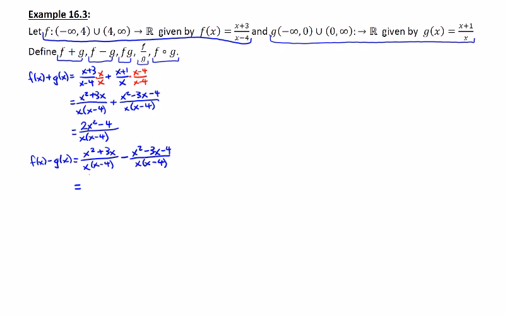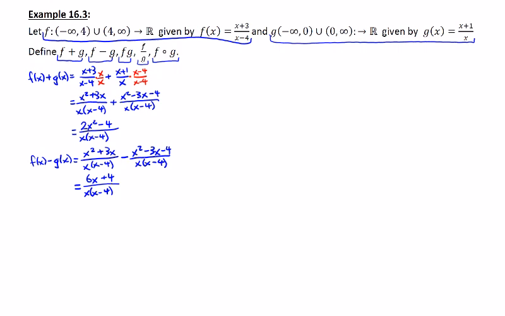That's going to combine to actually give me positive 6x. And then for the constant, I have to think about the fact that I'm subtracting a negative 4, which is going to make it become positive 4. So I would have 6x plus 4 all divided by x times x minus 4. And that would be an acceptable place to leave f of x minus g of x.